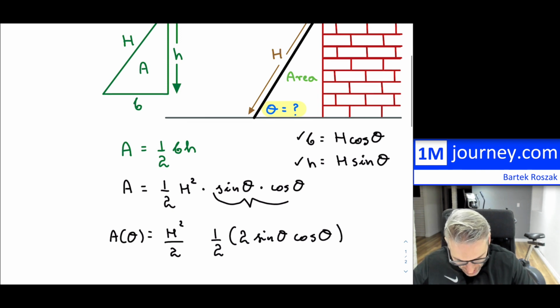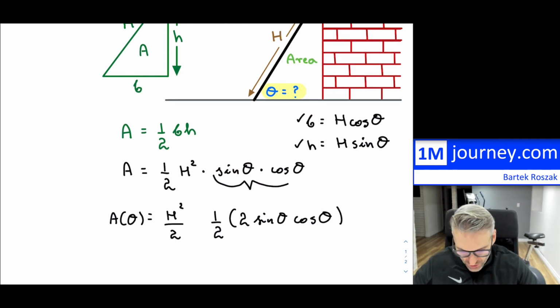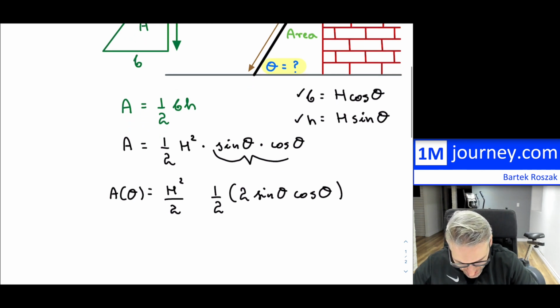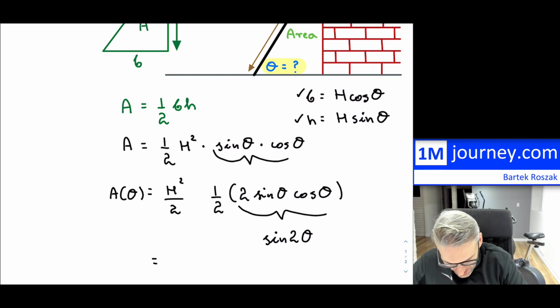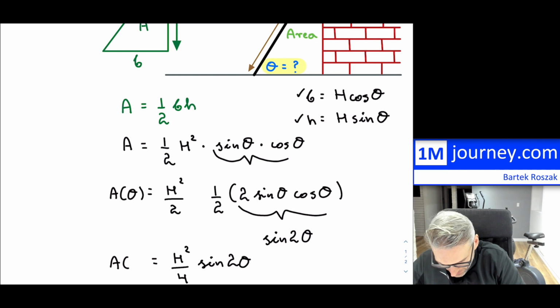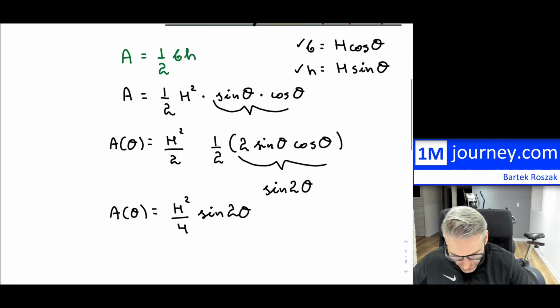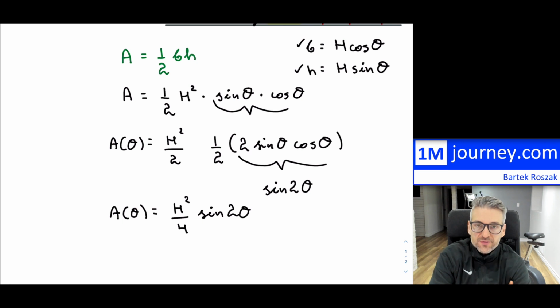I just wanted to put that half and the 2 because they cancel with each other, and the reason why I'm doing that is because this 2 sine theta cos theta is that double angle or the compound angle. This is nothing else but simply sine 2 theta. So if I bring everything together, my area is going to be h squared over 4 sine 2 theta, and my area is dependent on the angle. All right, so that is what I have so far.